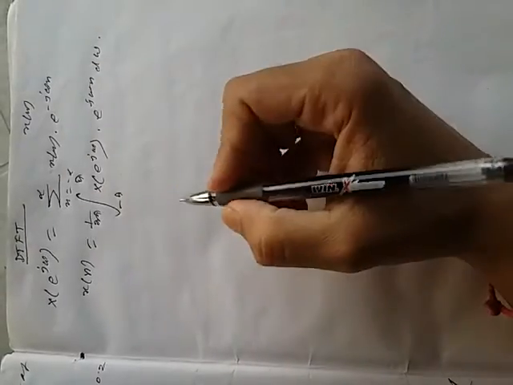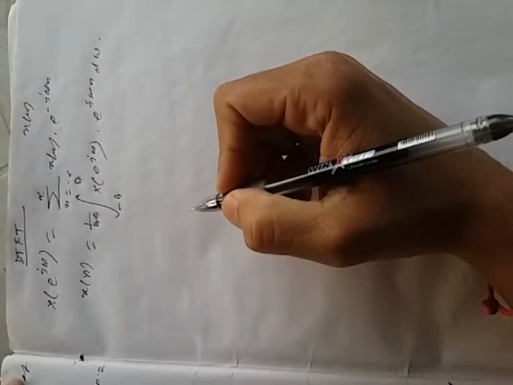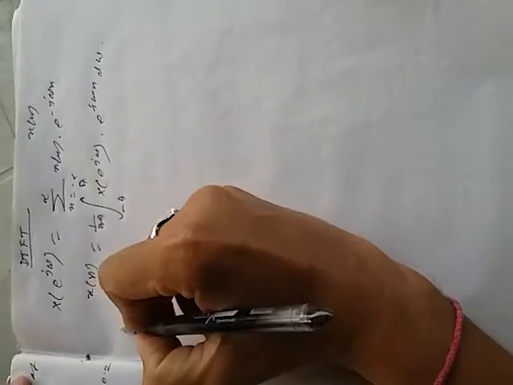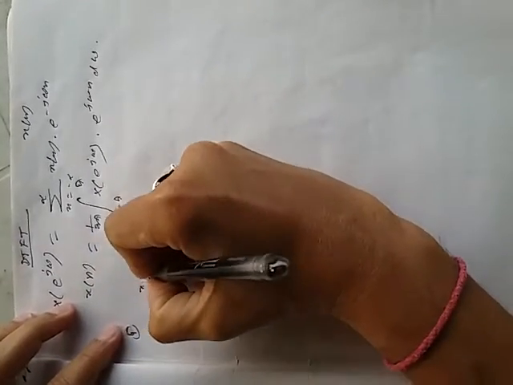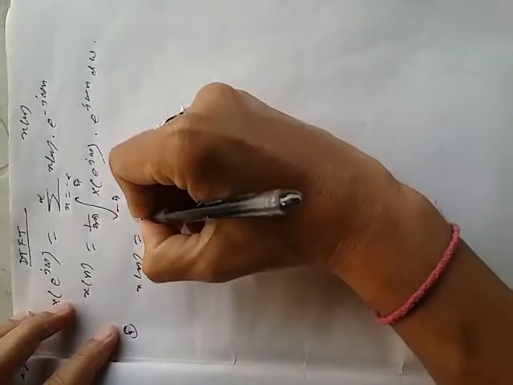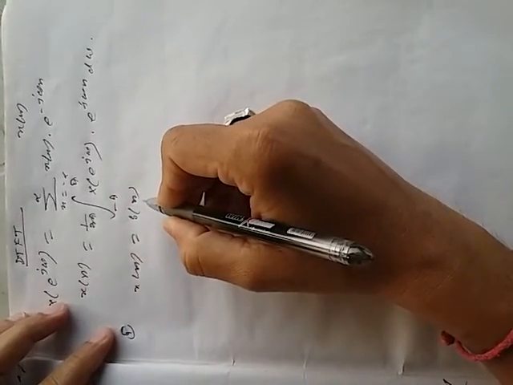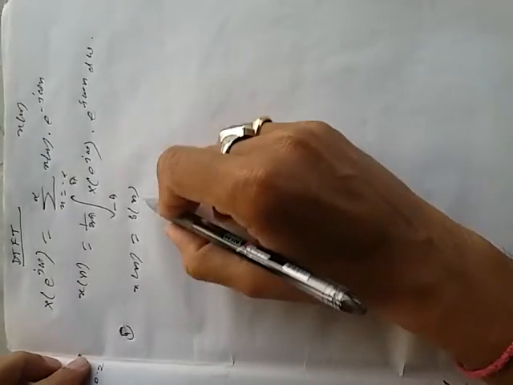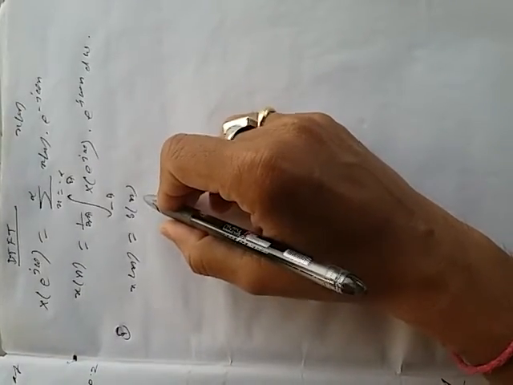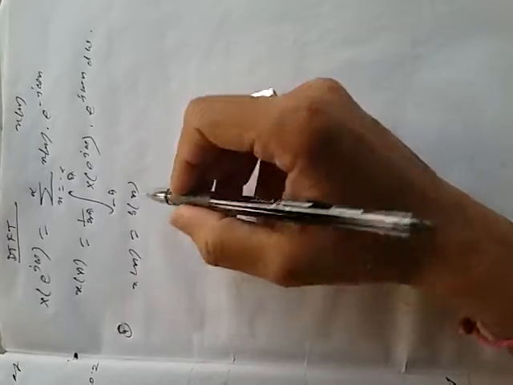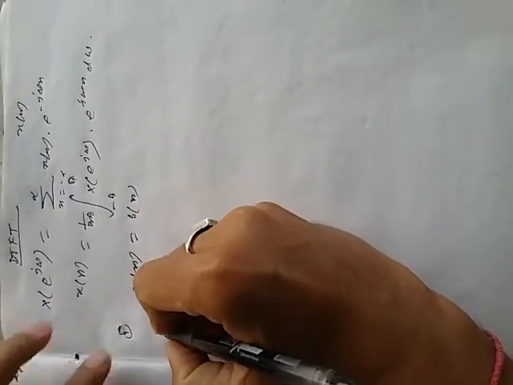Now let us take a very simple example to do a DTFT problem. So x of n, we are taking x of n equal to delta n. What is delta? Delta is the unit impulse function. So this function is in the discrete time domain since it contains n. So what will be the DTFT?